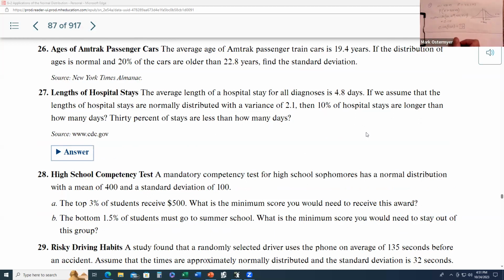All right. So for 27, the mean of this normal distribution, or the mean of these days or times of stay, is 4.8 days. And the standard deviation is the square root of the variance, the square root of 2.1. And the square root of 2.1 is going to be about 1.45 days.